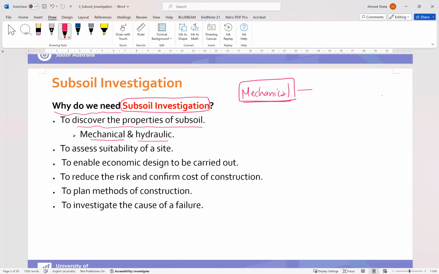The mechanical properties include the strength of the soil or bearing capacity of the soil. All of these mechanical properties of soil are very important to us when designing foundation or footing. So these are important in footing design.